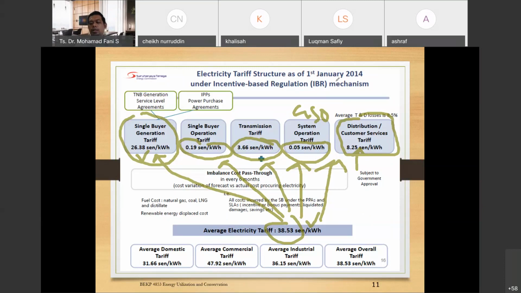Of course, TMB is one of the companies related to the government under Khazanah, and about 70% of the revenue will go to Khazanah, and Khazanah will pay the government from any profits of Khazanah.